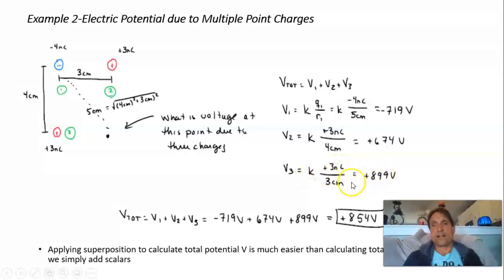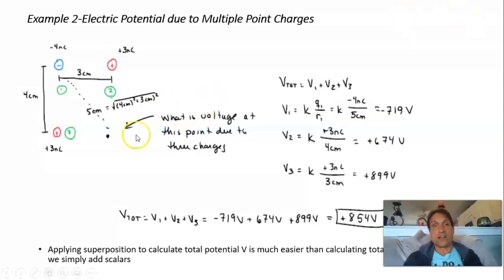We plug that in, and the potential due to this charge Q3 is plus 899 volts. Now the total potential, we just add up the potentials due to each of the source charges. So it's 899 plus 674 minus 719, and we get that the potential at this point is 854 volts relative to some distance infinity from the source charge.